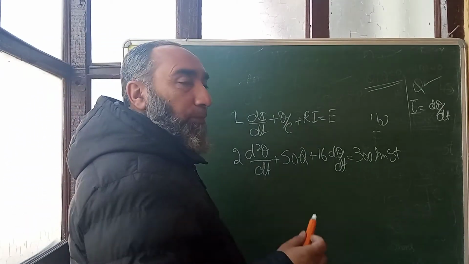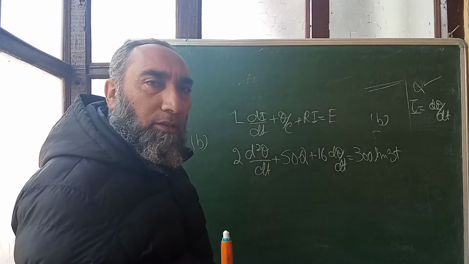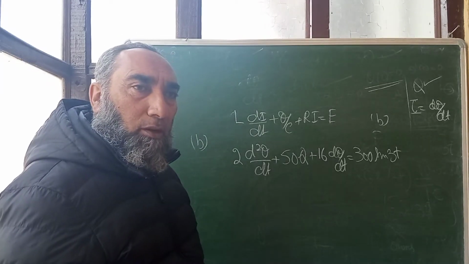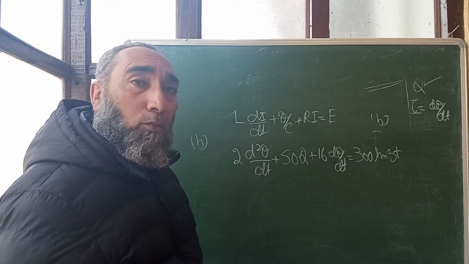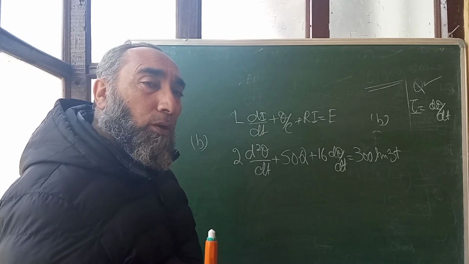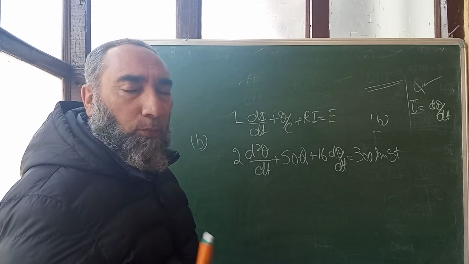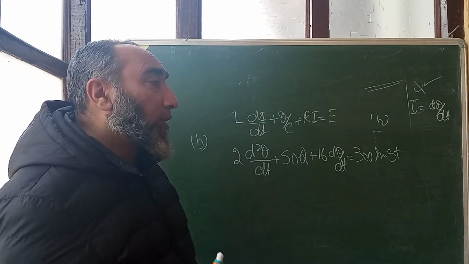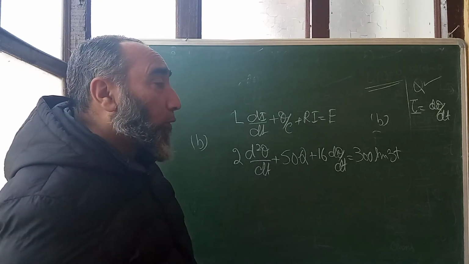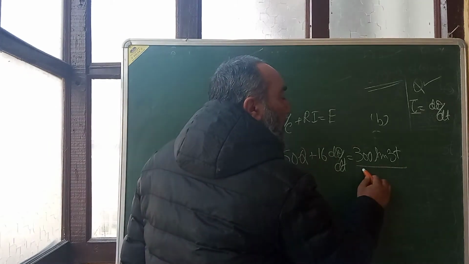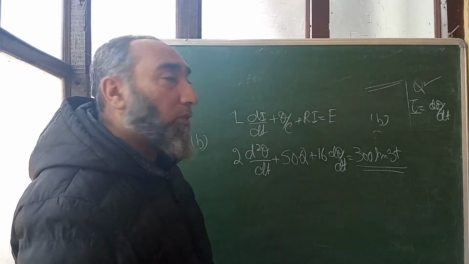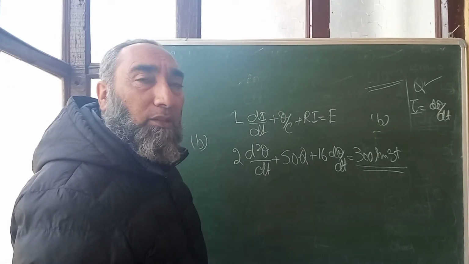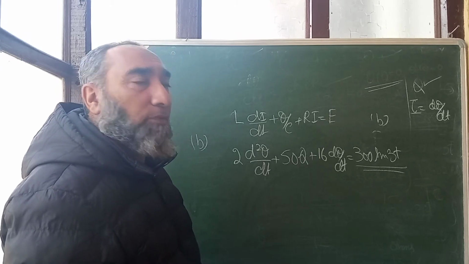This is part B of the same question. You have an inductor of 2 Henries connected with a resistor of 16 ohms and a capacitance of 0.02 farads, connected with an electromotive force 300 sine 3t. Earlier I had taken 150.